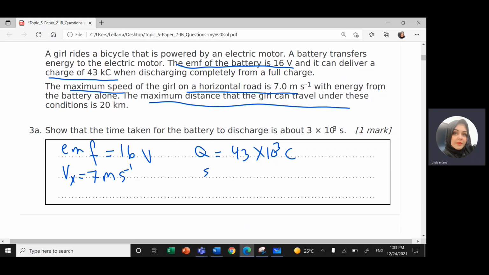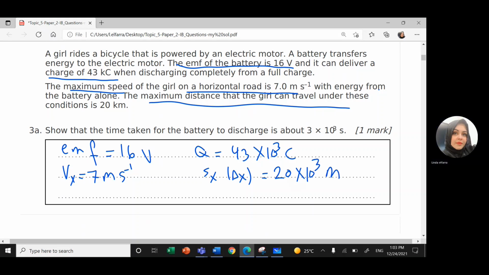So distance in x direction, I can call it Sx or delta x. Most of the IB books use the symbol Sx. This equals 20 kilometer, 20 times 10 to the power 3 meter. Show that the time taken to charge is about 3 times 10 to the power 3 second, or 3 kilosecond.